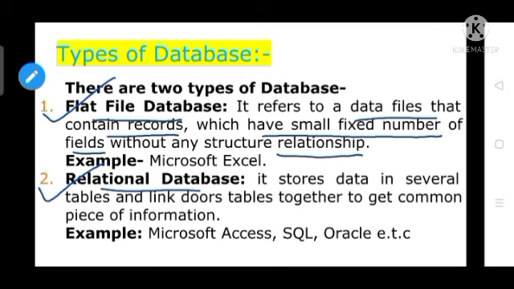An example of a flat file database is Microsoft Excel. If we create multiple tables and want to interrelate them, it is not possible. So in a flat file database we cannot create a relationship between them.